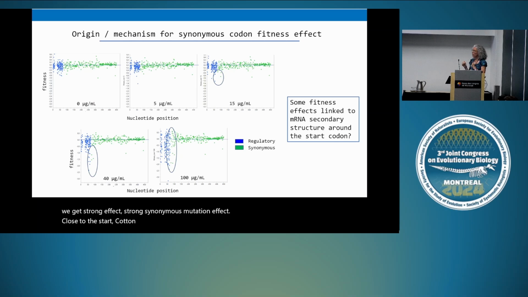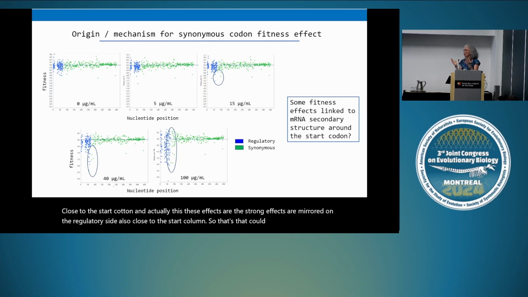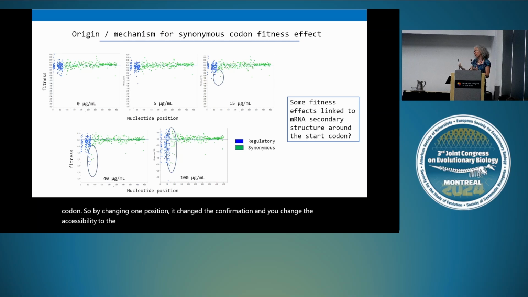And actually, these strong effects are mirrored on the regulatory side, also close to the start codon. So that could be linked to the secondary structure of the messenger RNA around the start codon. By changing one position, you change the conformation and you change the accessibility to the ribosome, so the level of translation, and so the level of expression of the protein, which would explain why these mutations are sensitive to the environment, because they became a lot more negative when the concentration of the antibiotic is high.